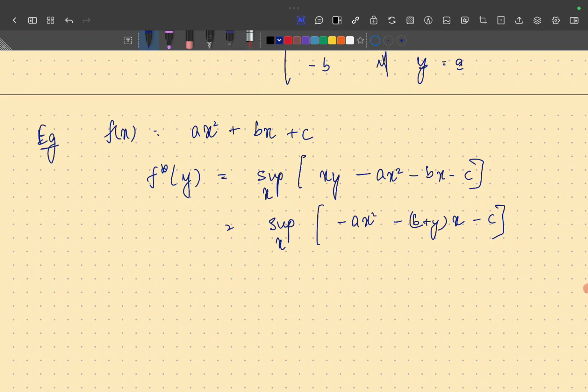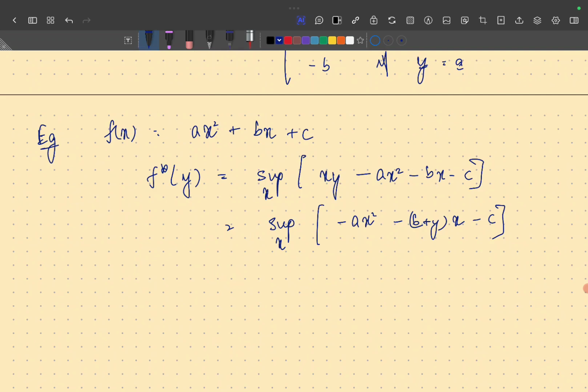What is the supremum going to be equal to? When y is minus b?